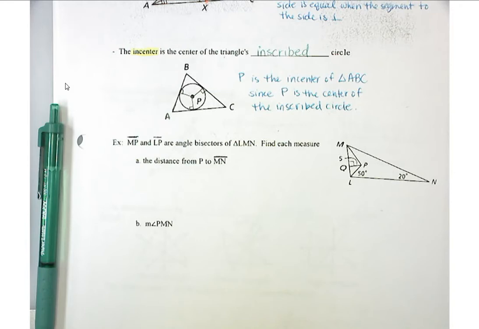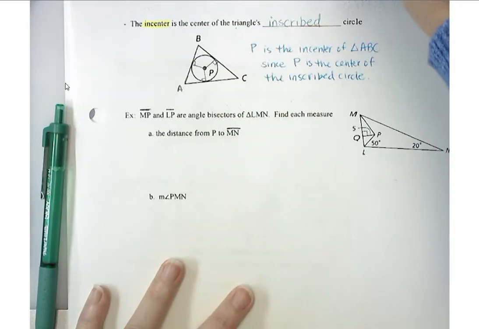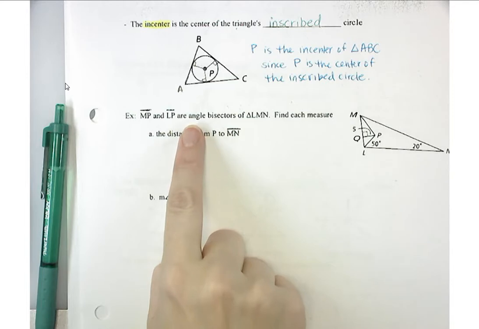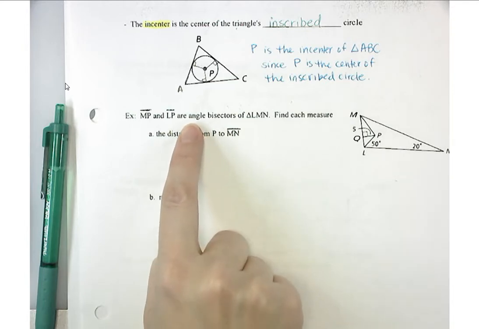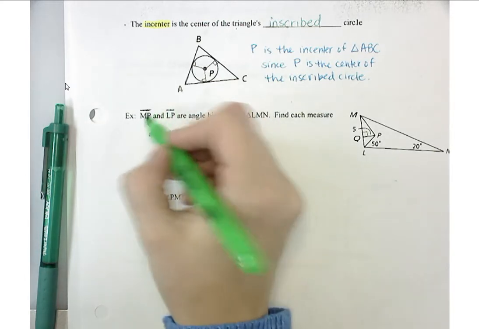All right, and then for our next example, they tell you that MP and LP are angle bisectors. So they're telling you that they're angle bisectors as opposed to showing you with particular marks. So these are going to be your angle bisectors of the triangle, and then we have to find each measure.